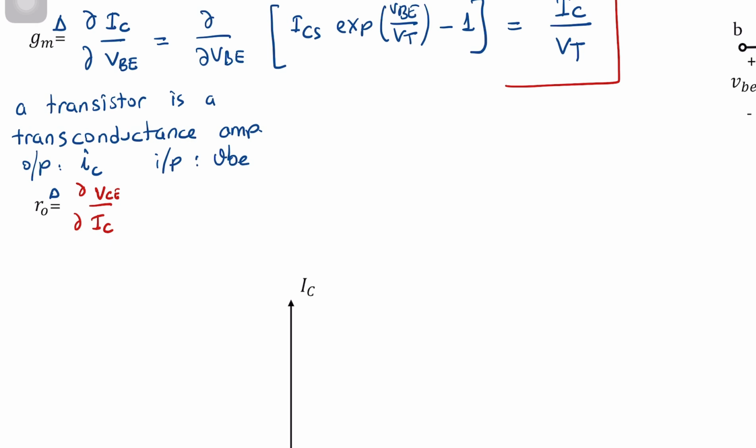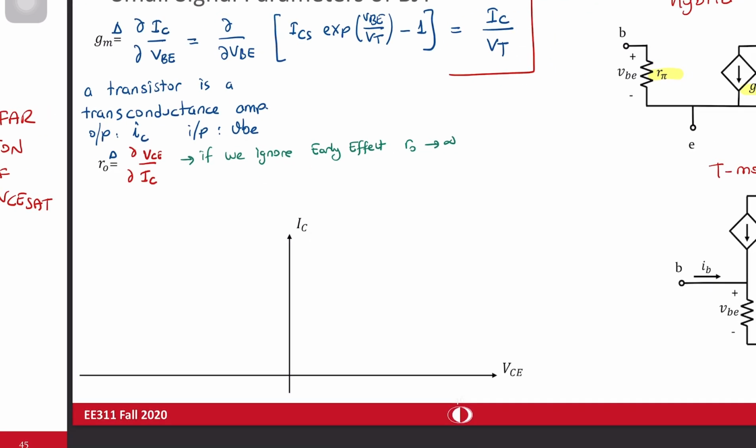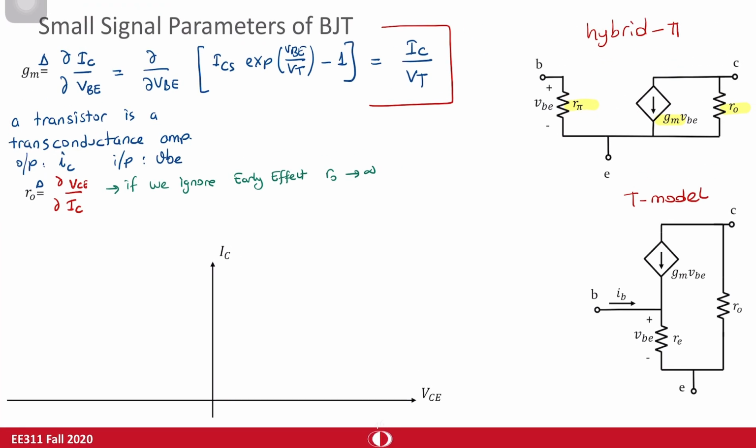If you assume no early effect, so if we ignore early effect, R0 goes to infinity. So remember this drawing.